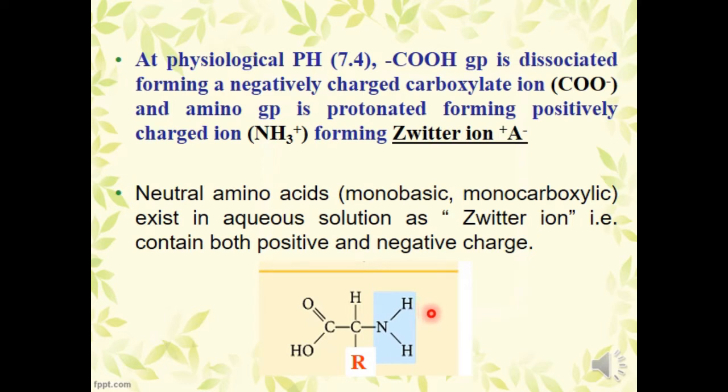We call this a Zwitter ion. So a neutral amino acid, which is monobasic and also monocarboxylic, will exist in aqueous solution as a Zwitter ion, so it contains both positive and negative charge.